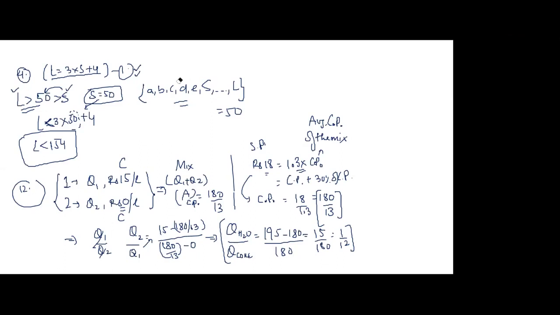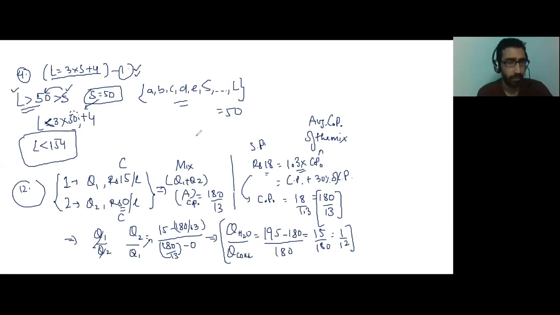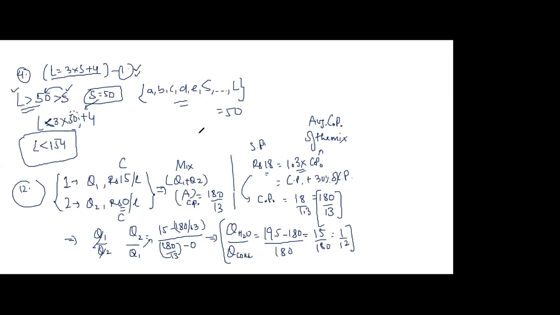Yeah. The cost price has to be, for a profit of 30%, 180 by 13. Right. The actual cost price for him for 100% purity is 15, which makes 195 by 13. So the 195 by 13 has to be diluted in such a way to get 180 by 13.